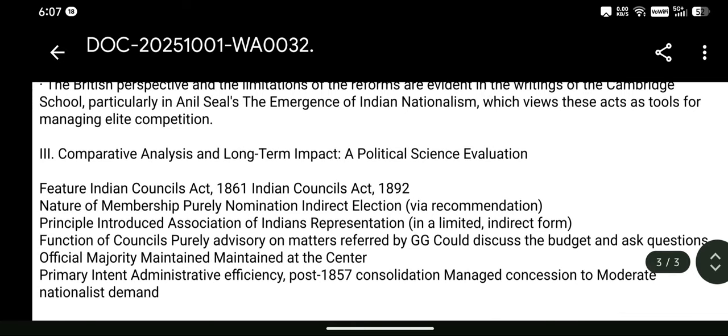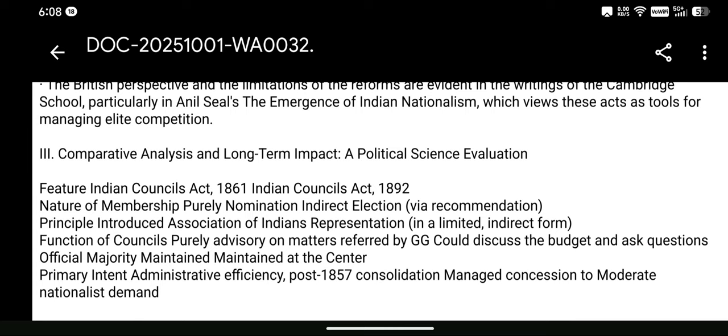Comparative analysis and long term impact: a political science evaluation. Feature: Indian Councils Act 1861, Indian Councils Act 1892. Nature of membership: purely nomination, versus indirect election via recommendation. Principle introduced: association of Indians, versus representation in a limited indirect form.